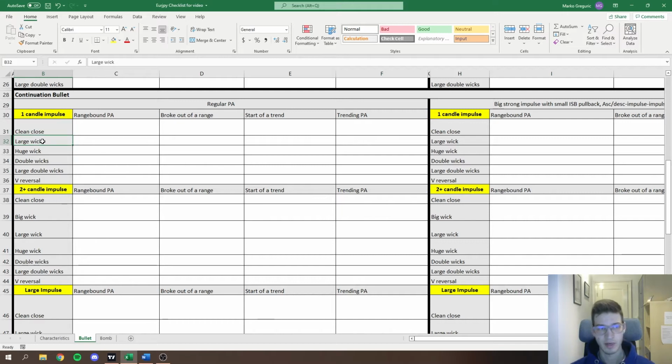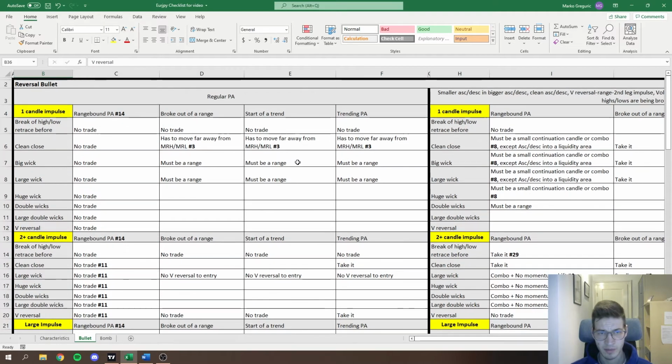Did the impulse leave a large wick? Did it leave a huge wick, double wicks, or large double wicks? And the last thing I do have is if it was a V reversal in the pullback. So is a V reversal in the pullback allowed, or is it not allowed? This is very important to me because I want to see how the pullback looks like, and if I do allow a V reversal or not.